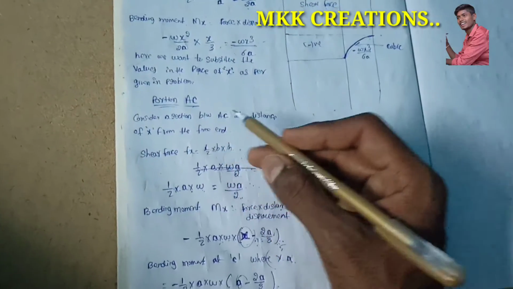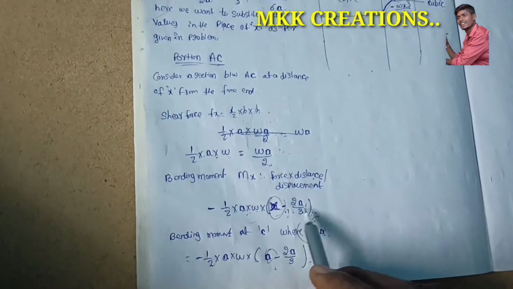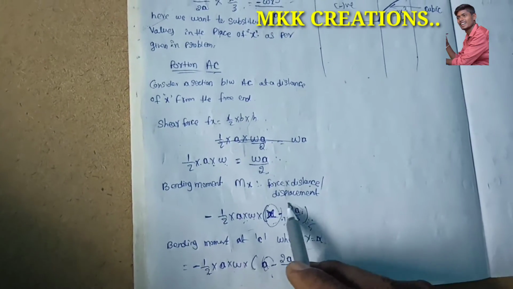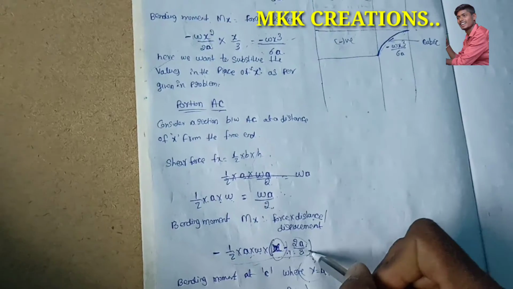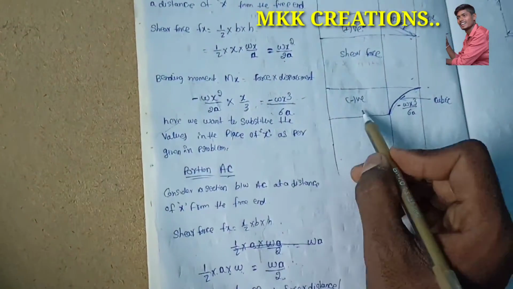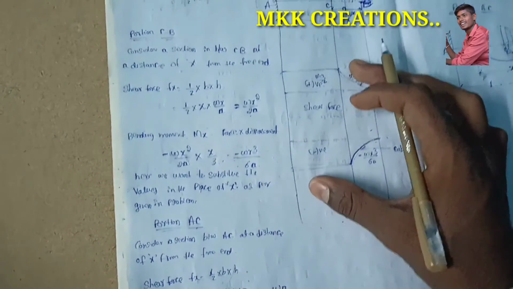And then portion AC, what is the bending moment here? That means x minus 2a by 3, at that time it is not square or cubic, so this is a simple straight line. So this is the bending moment diagram.